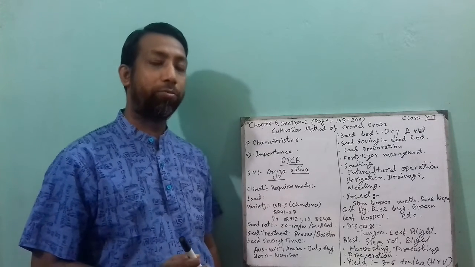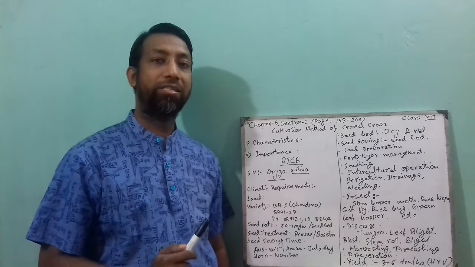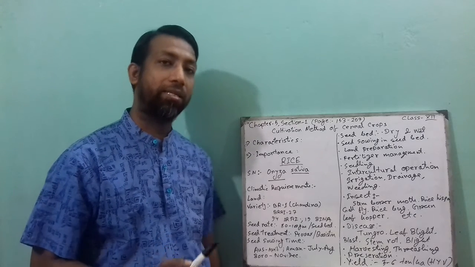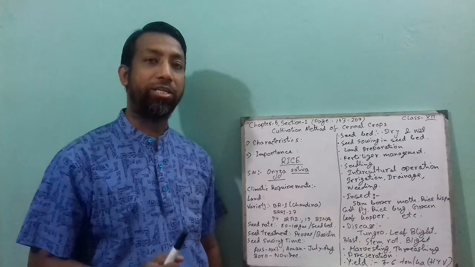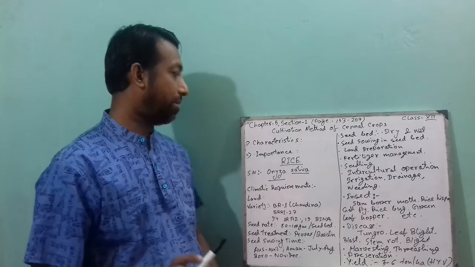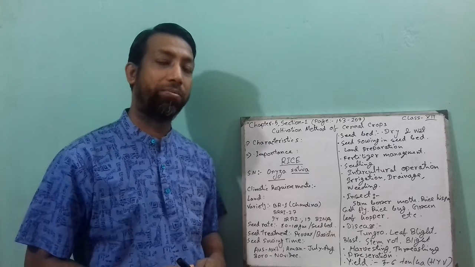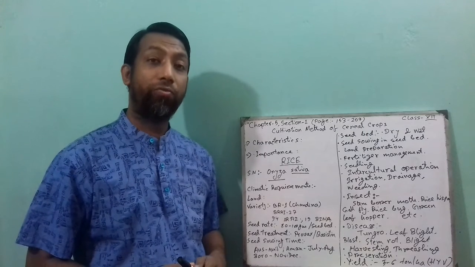First of all, we have to understand what cereal crops are. The examples of cereal crops are rice, wheat, maize, etc. So what are the characteristics of cereal crops? The cereal crops are all field crops.